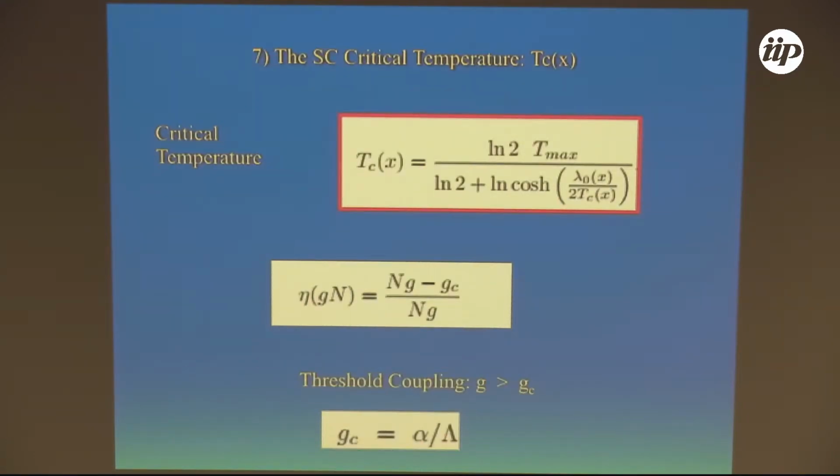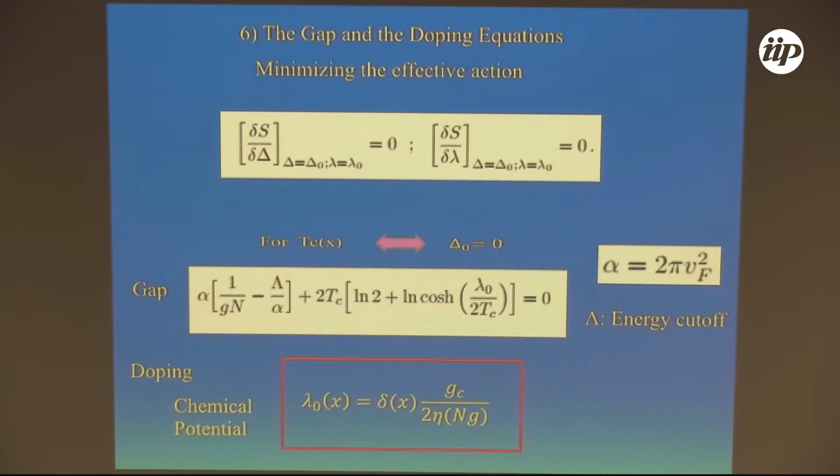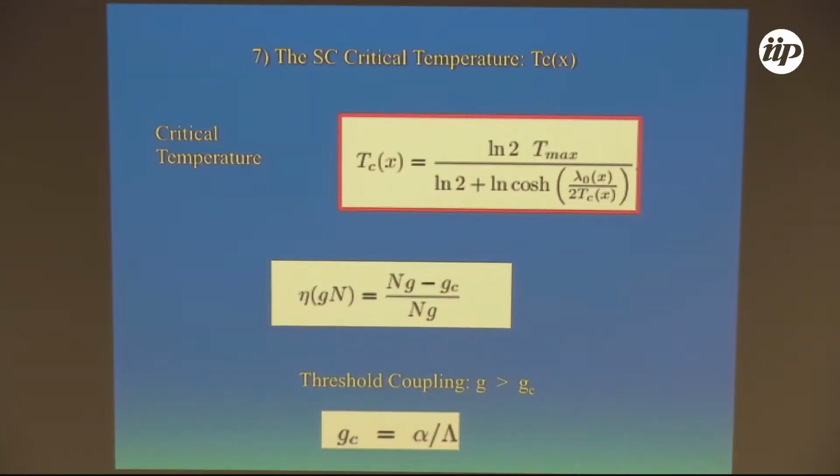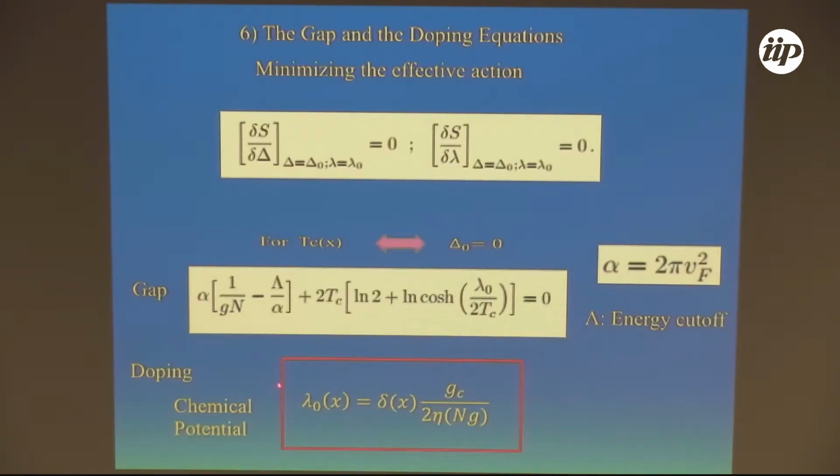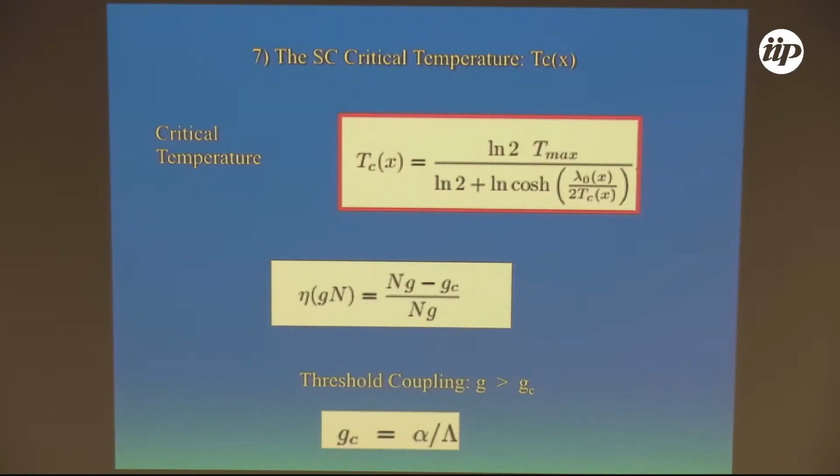From this, I immediately obtain that equation, where this lambda 0 is given in terms of this eta and Gc. Gc is alpha over lambda, and eta is this function here. And G is the coupling parameter of my model.